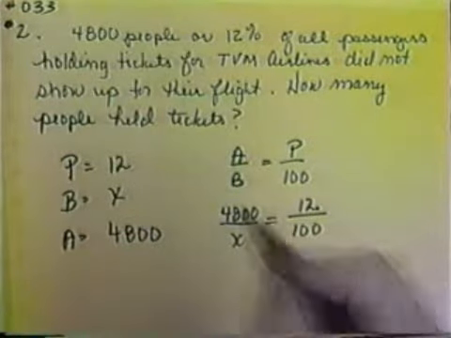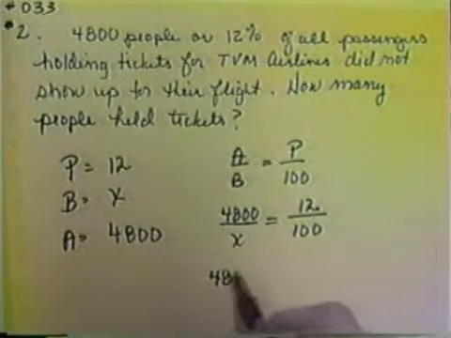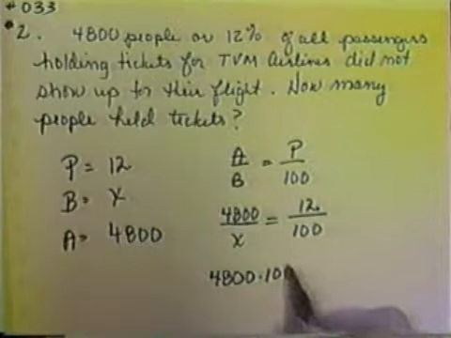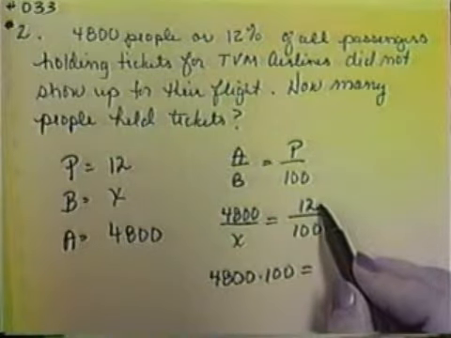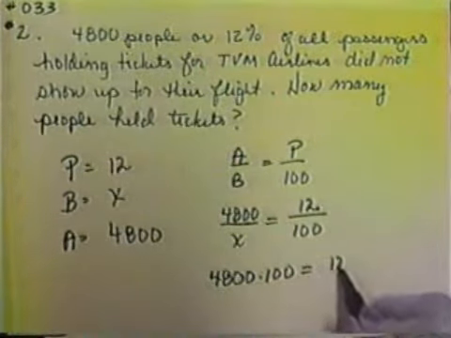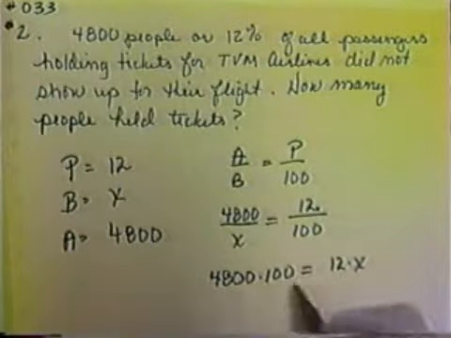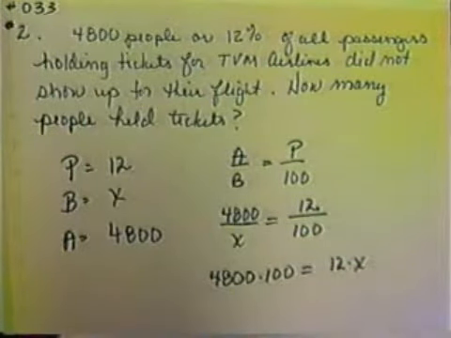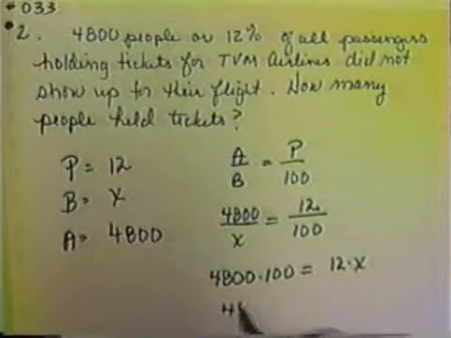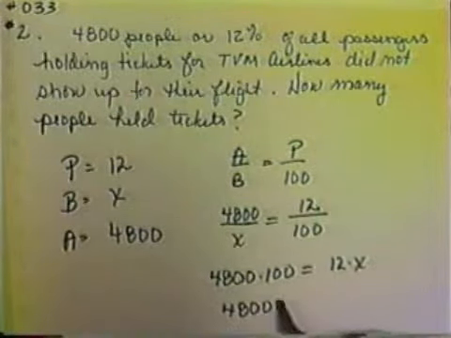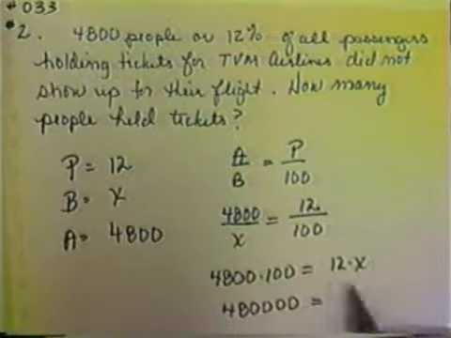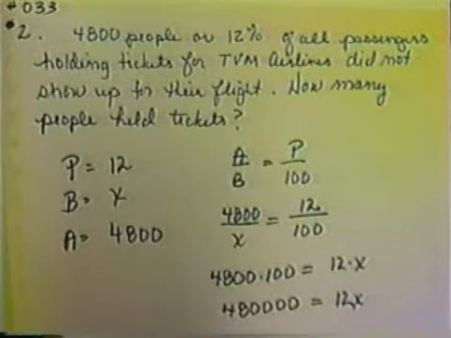So we're going to multiply 4,800 times 100, and that should equal the cross product 12 times X. So 4,800 times 100 is 480,000, and 12x on the right side of the equation.